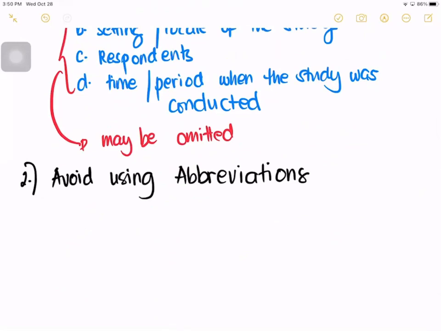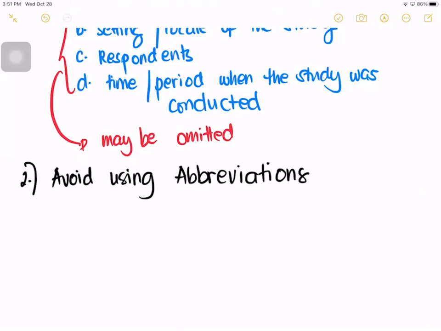But the first time that you mention your abbreviation, you should always spell out the full text of that abbreviation or acronym. If you have an acronym in the title, it's best if you spell it out so that people who see the title would be able to understand right away what you mean when you say WORM or something like that. So it has to be spelled out.